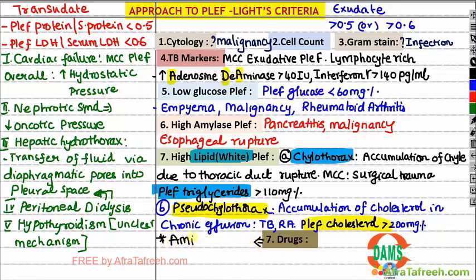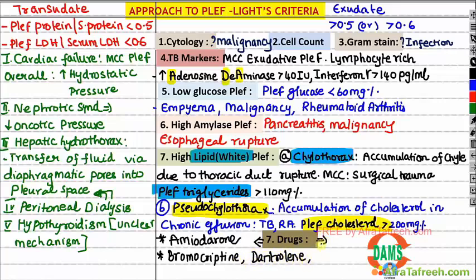It can be caused by amiodarone, bromocriptine, dantrolene, methysergide, and also nitrofurantoin.